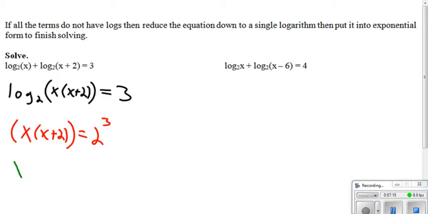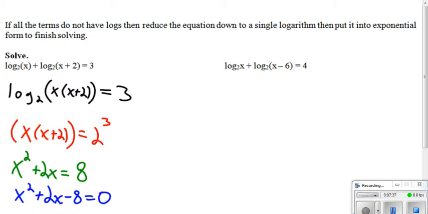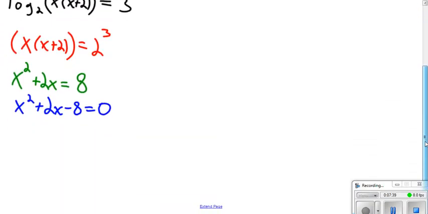So x times x is x squared, x times 2 is plus 2x, equals 2 times 2 is 4, times another 2 is 8. And all we have to do then is solve for x. So in this case we would say, if we subtract 8 from both sides, x squared plus 2x minus 8 equals 0.